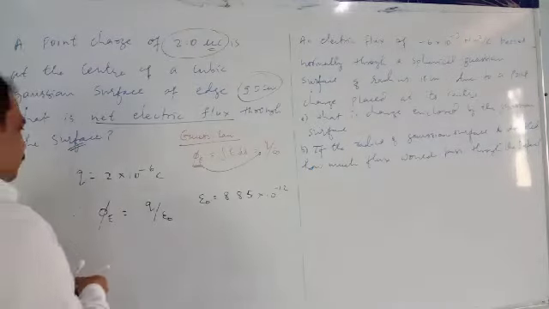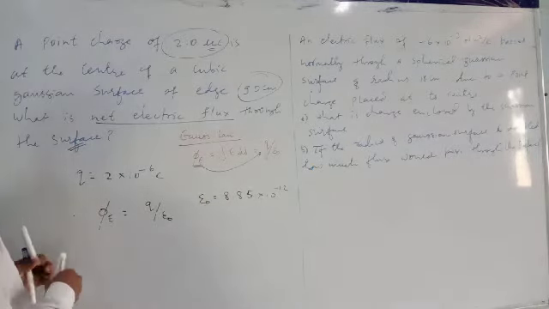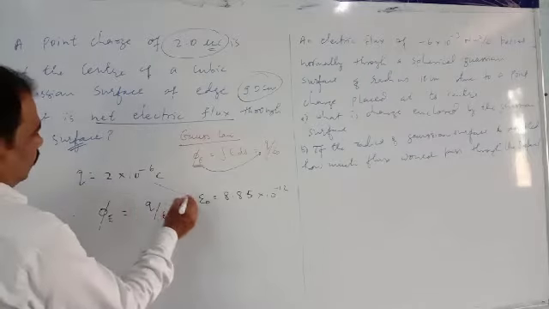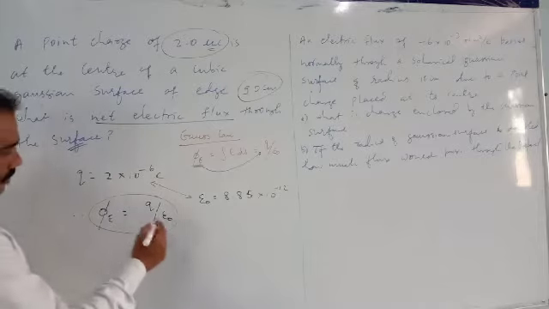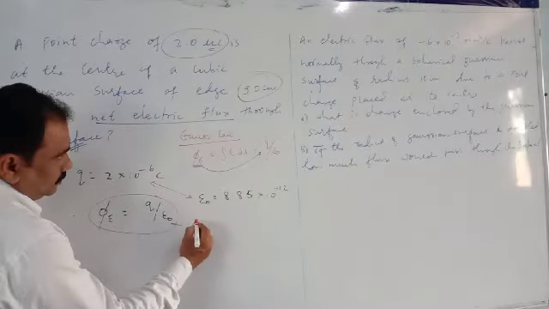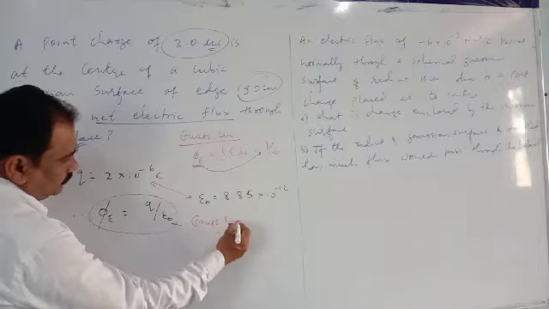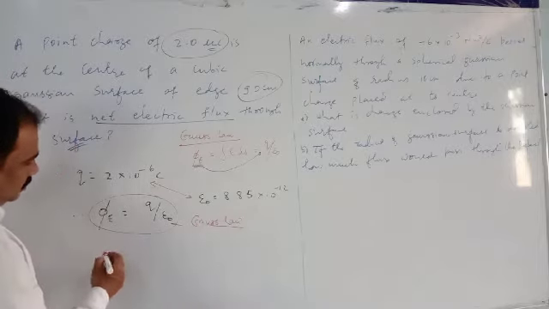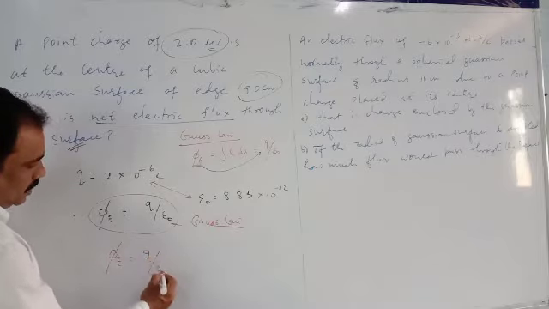Now we can put these two values in this formula, that is Gauss law. Gauss law is Q by epsilon naught.